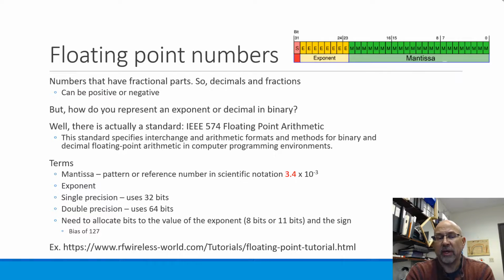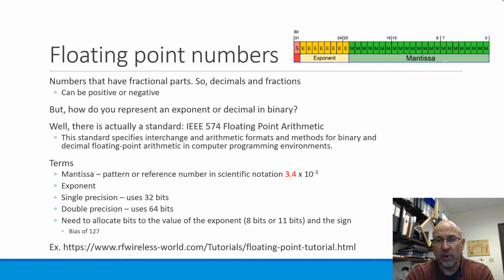But there's a couple of things that we have to think about, if we really want to sort of understand this, or at least understand that there's a structure out there. The first thing is that we're dealing with this exponent or decimal or something like that. And there's a term that we use to refer to part of our number, and that is the mantissa.